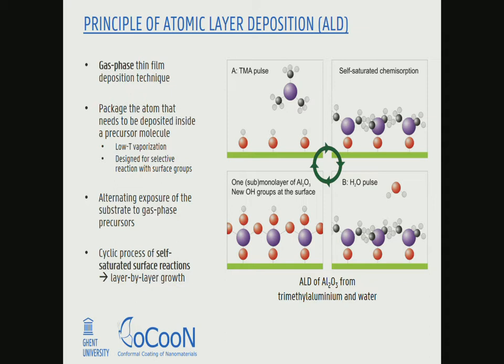So you package the element, and it makes it easier to vaporize the element to be able to transport it to the substrate. So you package your atom in this nice molecule, with low temperature vaporization.